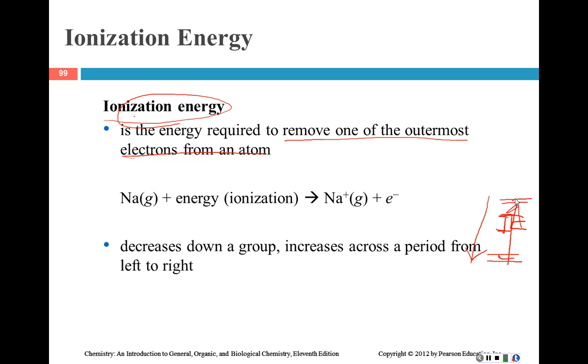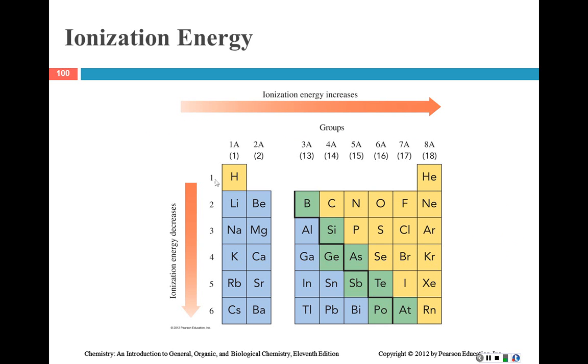This decreases as you go down a group. It increases across the period. Okay, so ionization energy decreases as you go down a group. It increases as you go across.